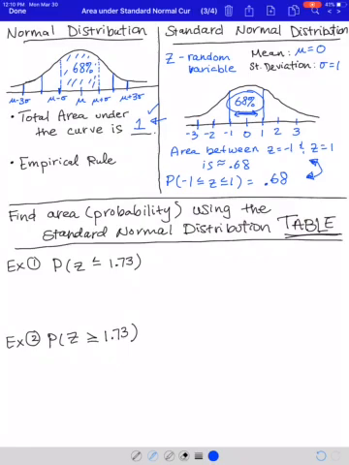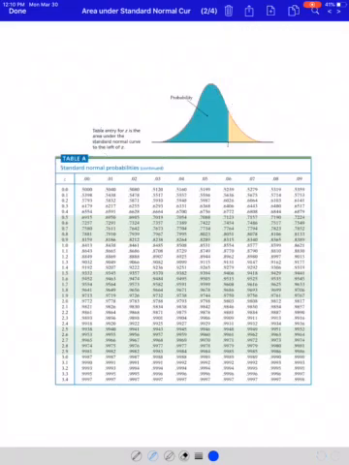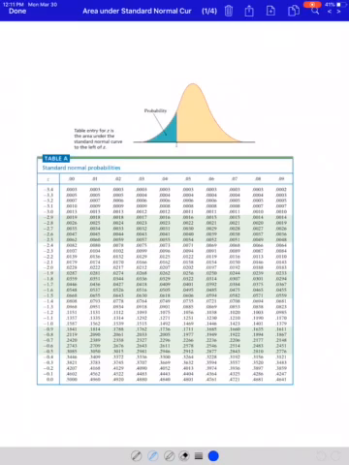All right, so now let's see how we can find the area, or the probability, using the standard normal distribution table, which in your textbook, I believe, is in the appendix on page A22 or A23. There are actually 2 tables. Just to give you an idea of what they look like, here's one of them. Notice that in this table, the z-values on the left-hand column are all negative.